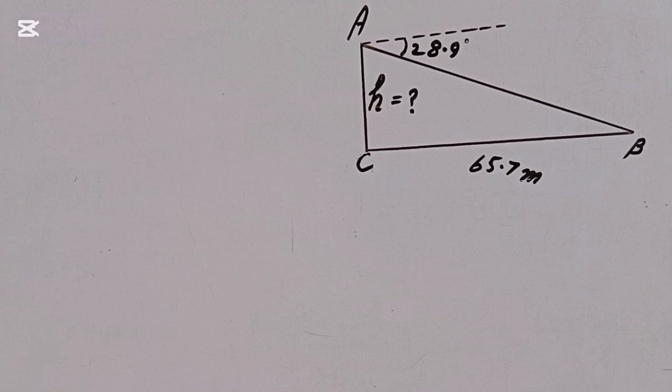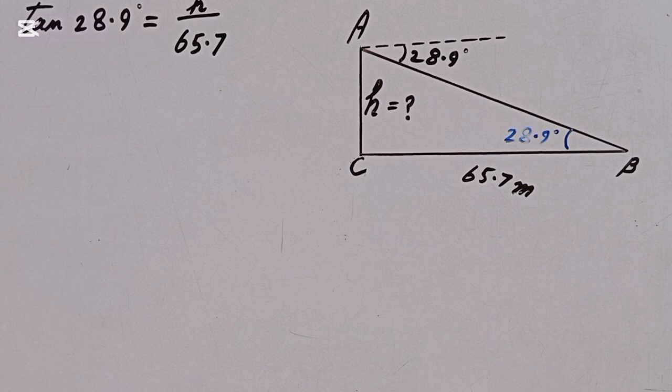As this is 28.9 degree, this angle at the point B should also be of the same degree. Why? Because of the alternate angles. Now in triangle ABC, we apply the trigonometric ratio tan 28.9 degree. You know, tan ratio is equal to the perpendicular over the base, means opposite over adjacent.